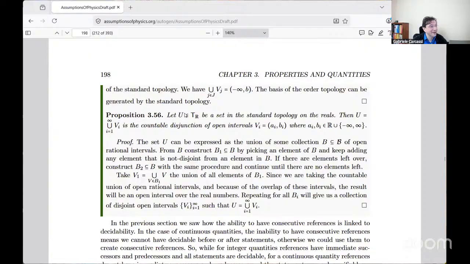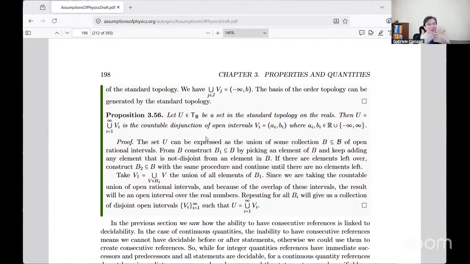And then another standard characterization is that every open set in the topology is the union of countably many open intervals. And this is because if it's the one generated by open intervals, the intersection of two open intervals is either an open interval or it's nothing.